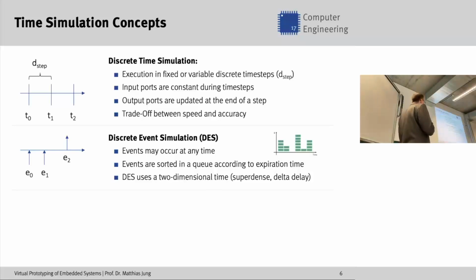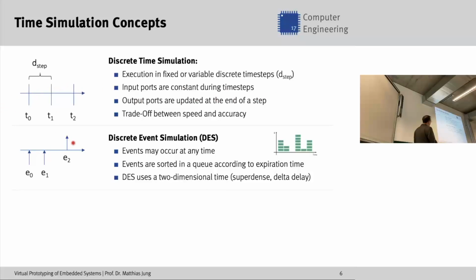Yeah, and then we have discrete event simulation, and this is also a very different concept, because the events that are simulated may occur at any time. So it's not that we have a fixed number of time steps, always with the same distance.